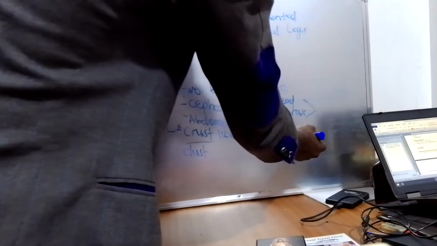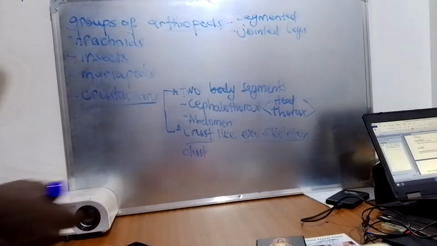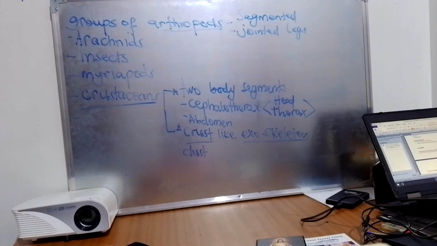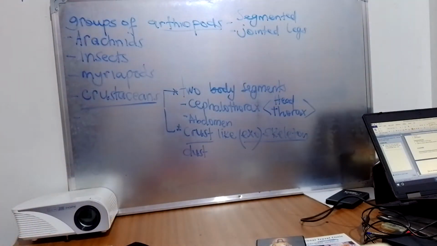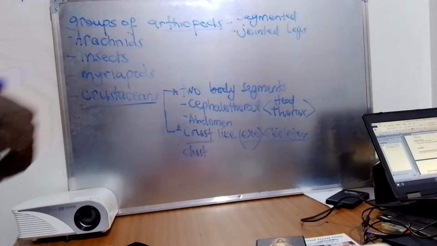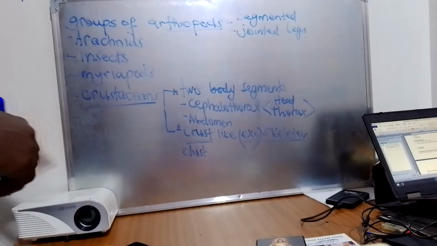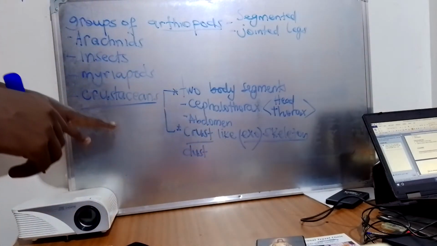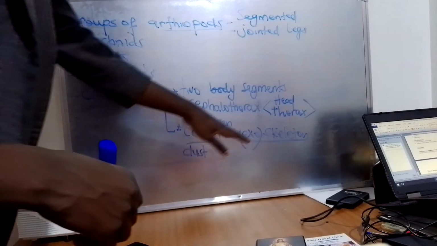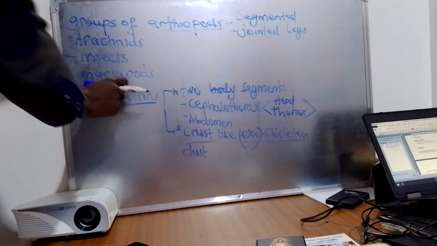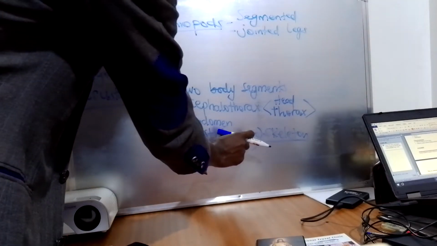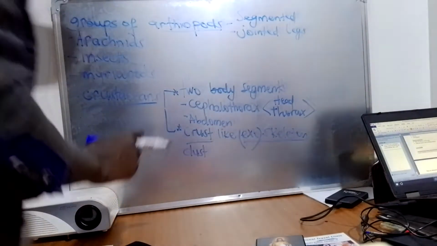Why haven't we said just skeleton? It does not make good sense. That's why we bring in the word exo. In Latin, the word exo means outside, on the surface. So the skeleton of a crustacean is outside, on its surface. So a crustacean has a crust-like exoskeleton.